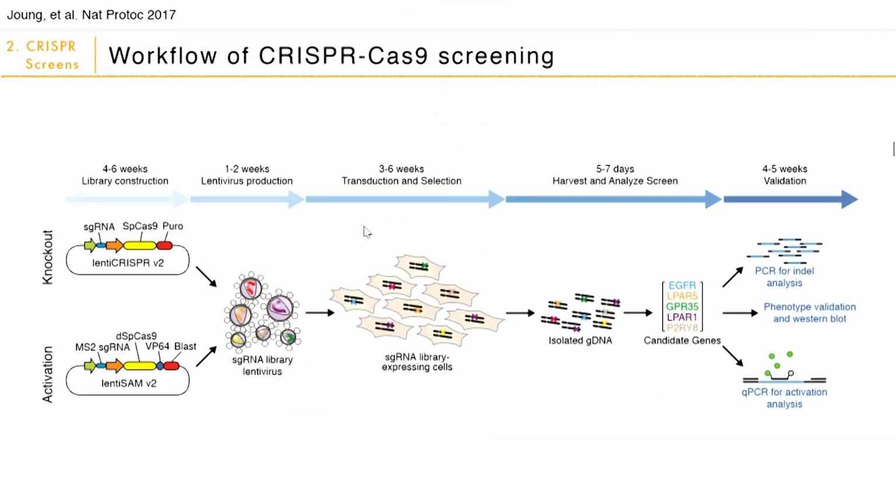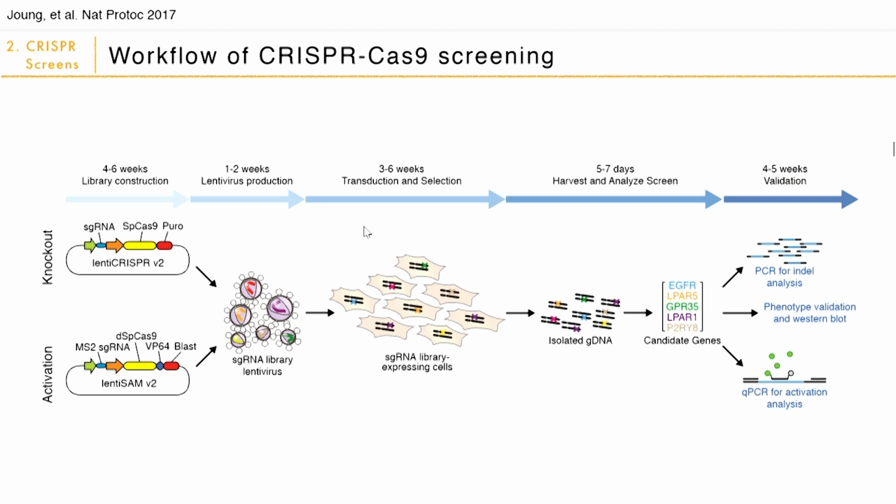So to give a very broad overview of the steps involved in CRISPR-Cas9 screening, first you start with choosing or designing a library. And then you package this library into lentivirus for delivery into your pool of cells of interest.